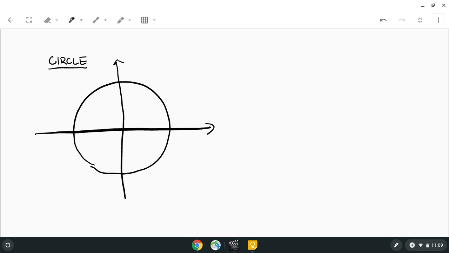And so we have some point over here, x, y, right? Some terminal point there, and this has some sort of radius, not necessarily 1 anymore, but some sort of radius r.